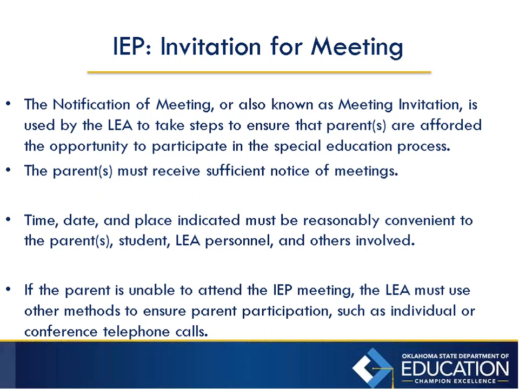That way timelines are not missed, because we don't want to be in non-compliance because an IEP meeting has lapsed. Those due dates are very critical, and we want to make sure that those are adhered to. We also want to make sure that everybody knows the date, time, and place of those meetings, where they will occur, and contact information if the parent is unable to attend.